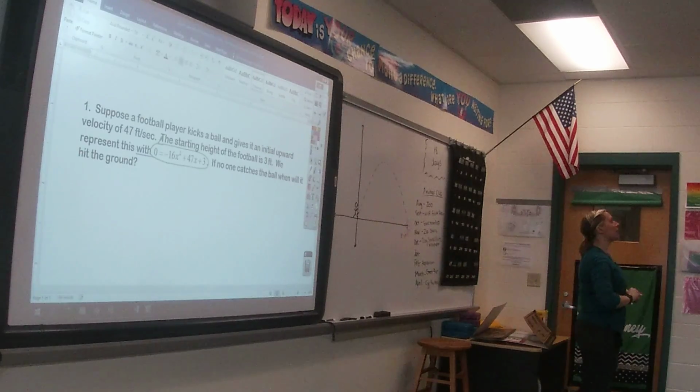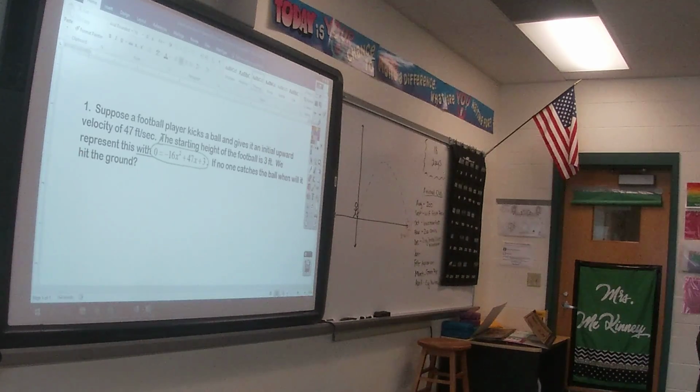How did we decide last unit that we could find an x-intercept? Use point slope form. No, because this is a quadratic, so we can't use point slope. What is an x-intercept also called?